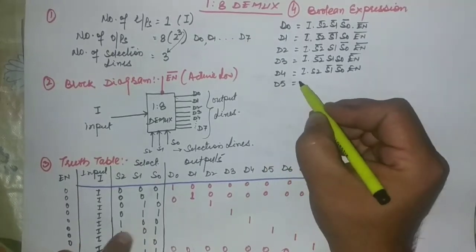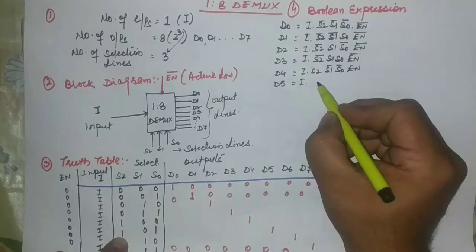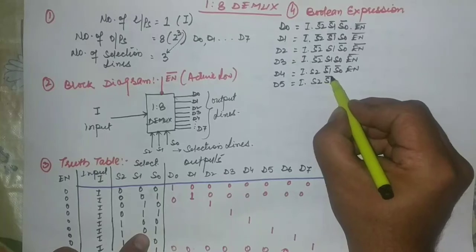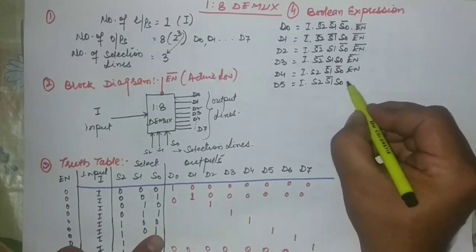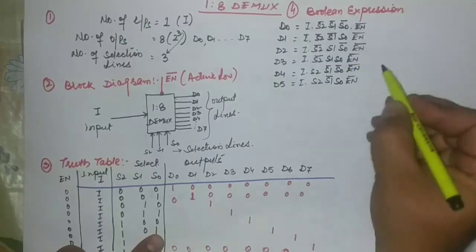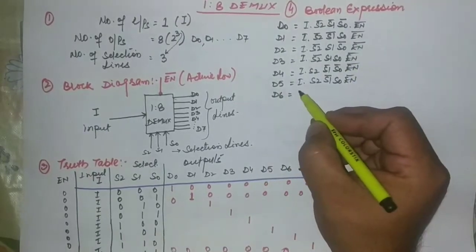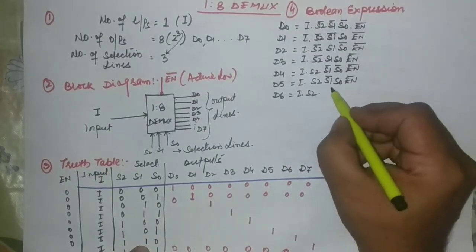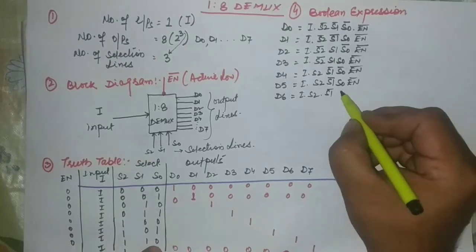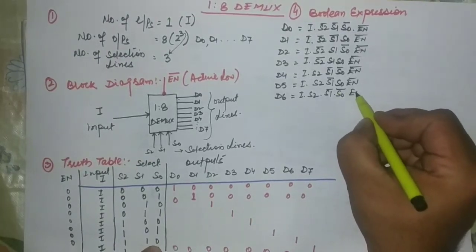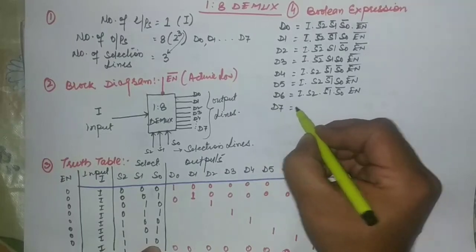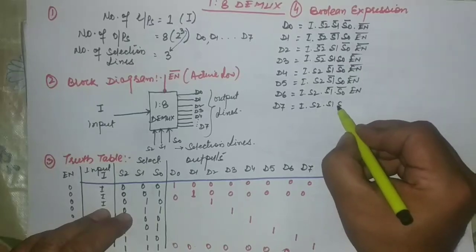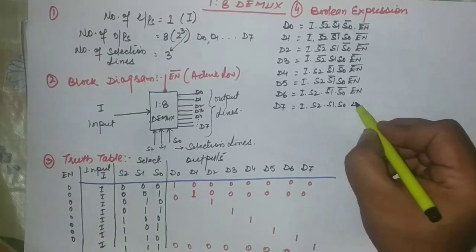For D5, I, S2 is 1, S1 is 0 and S node is 1, and D6, S2 is 1, S1 is also 1, and S node is 0. So this is complement and this is En. D7, all ones means no complement to any control variable, and this is enable.